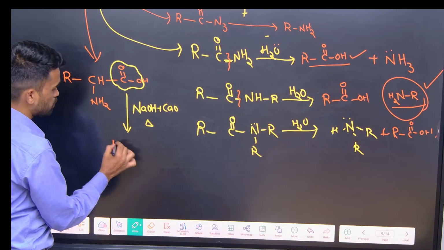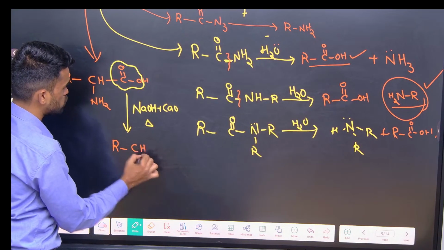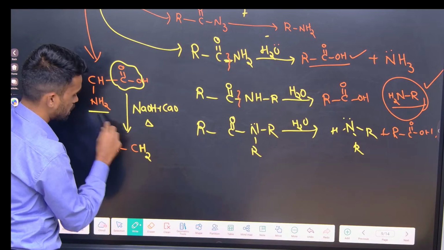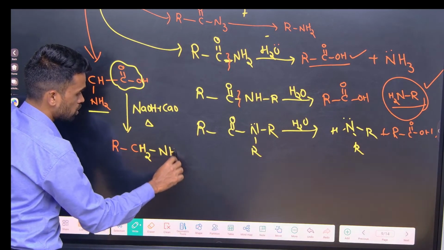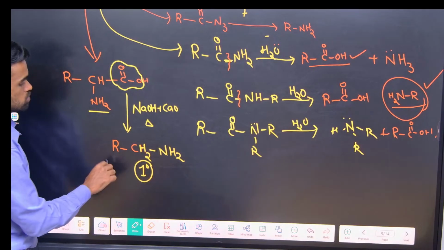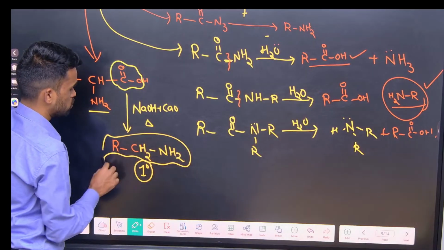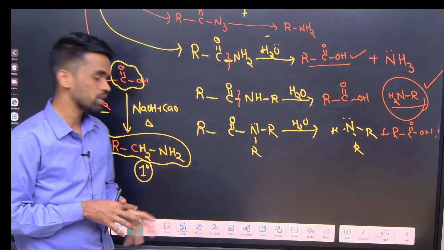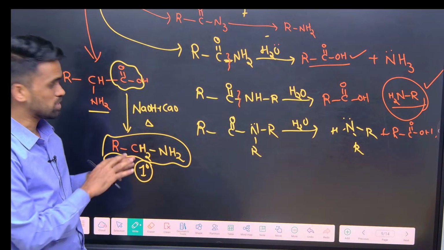Now what is the product formed? RCH2NH2. So a primary amine is your final answer here. So decarboxylation of amino acids gives you amines. I hope the discussion is clear.